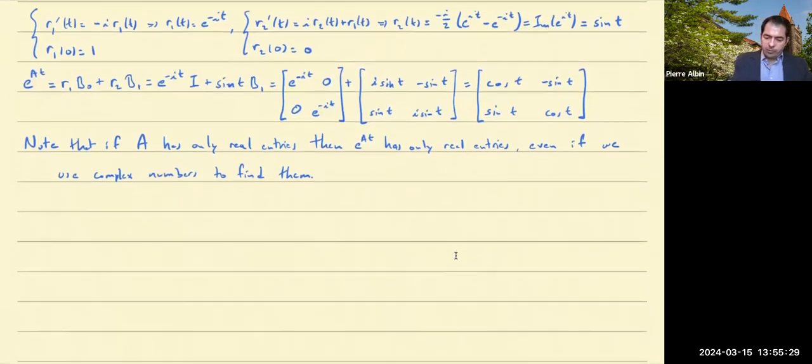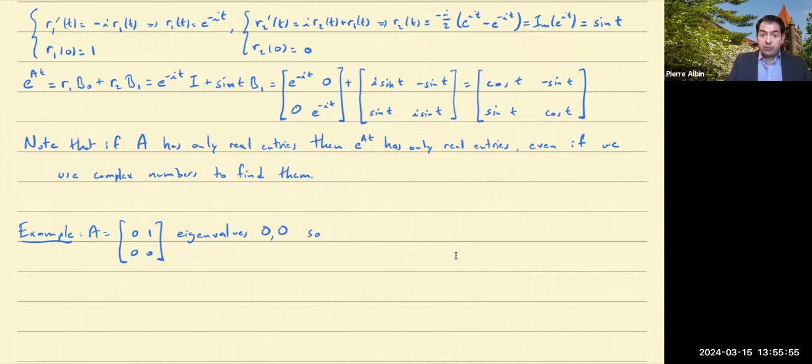Okay, let's do another example. Suppose you started with A given by 0, 1, 0, 0. This is an example of a deficient matrix. The eigenvalues are 0 with multiplicity 2, and 0 only has geometric multiplicity equal to 1.